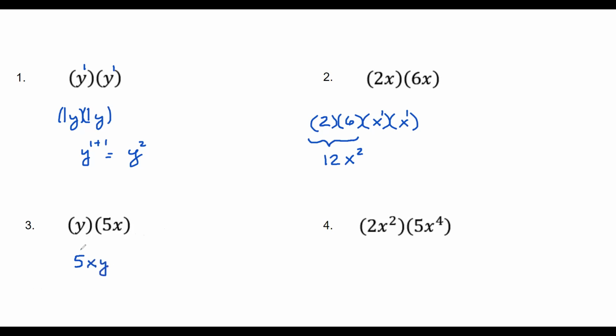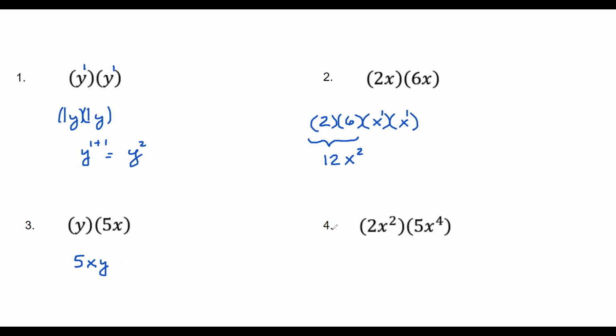Now, why did I write it in that order? Well, normally we write the number first, the coefficient or the product of the coefficients, and then the variables will appear in alphabetical order. So 5 times x times y. It just ended up being a rearrangement of those terms.